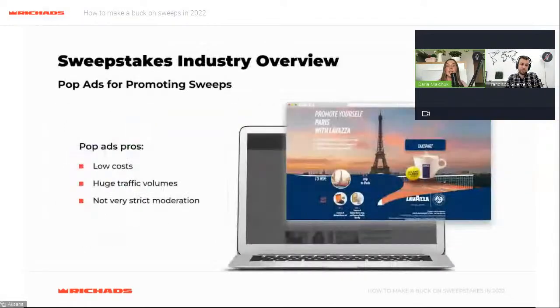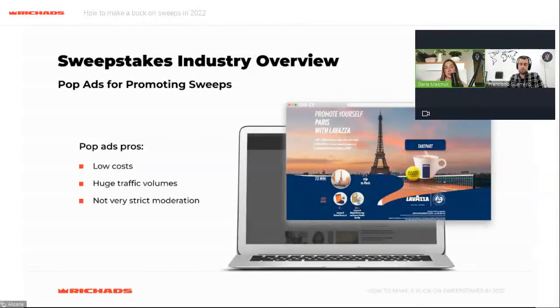And the last ad format for promoting sweepstakes, pop ads. Pop-up ads may irritate users, but they're cheap. They still have a high conversion rate and may show a high ROI. So find an ad network with significant traffic volumes like RichAds and test it. Just remember that sweepstakes will not do well with direct linking.